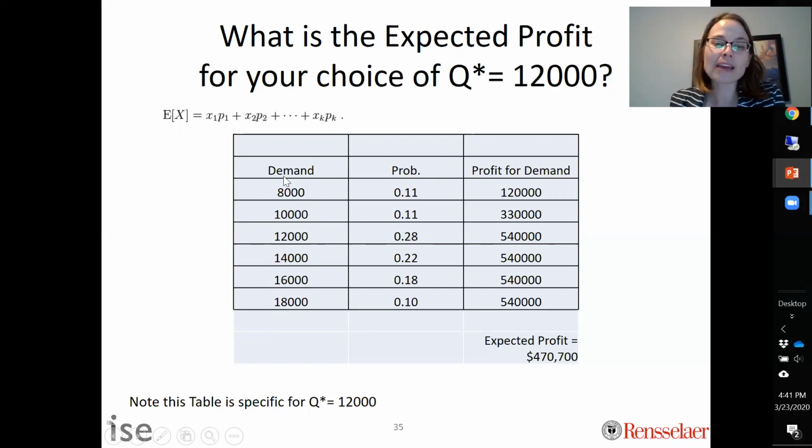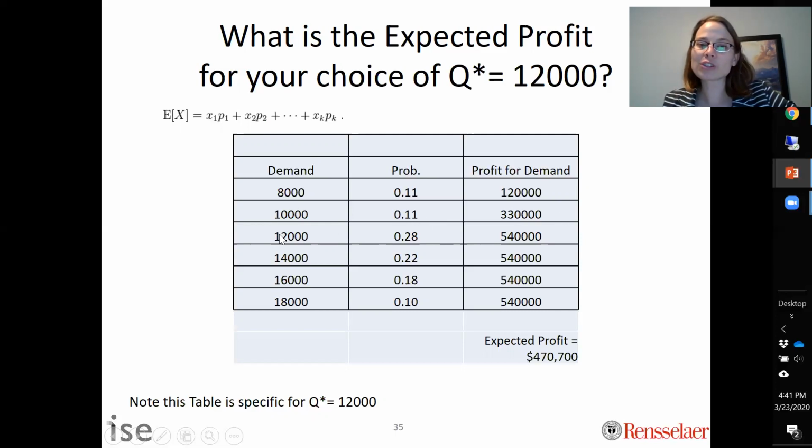And so our demand of 8,000, we found out from the very first slide we did this, that we made $120,000 given demand was 8,000 and we ordered 12,000 swimsuits. If demand is 10,000, we make a profit of 330,000, and that happens again 11% of the time.